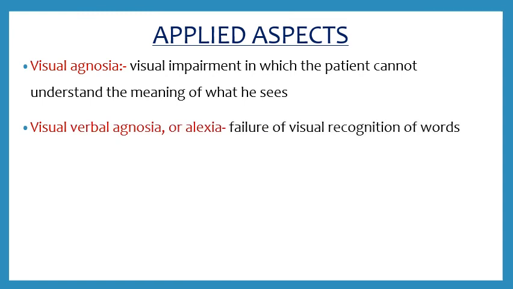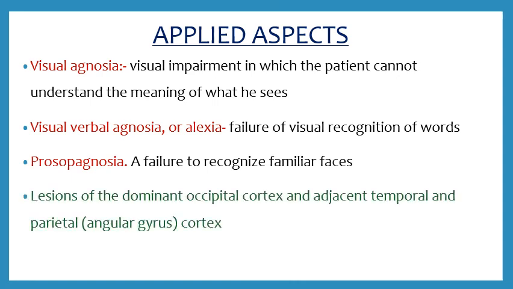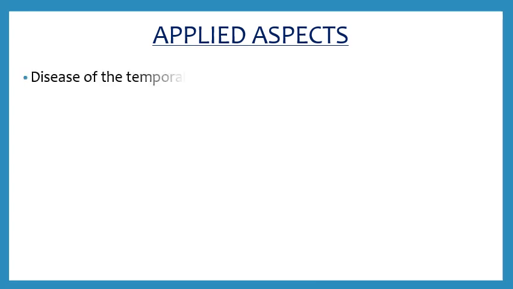Similarly, in visual verbal agnosia, they are able to see the words, but not able to understand what it says. And prosopagnosia is a failure to recognize familiar faces. All these occur when there are lesions in the dominant occipital cortex and adjacent temporal and parietal cortex.